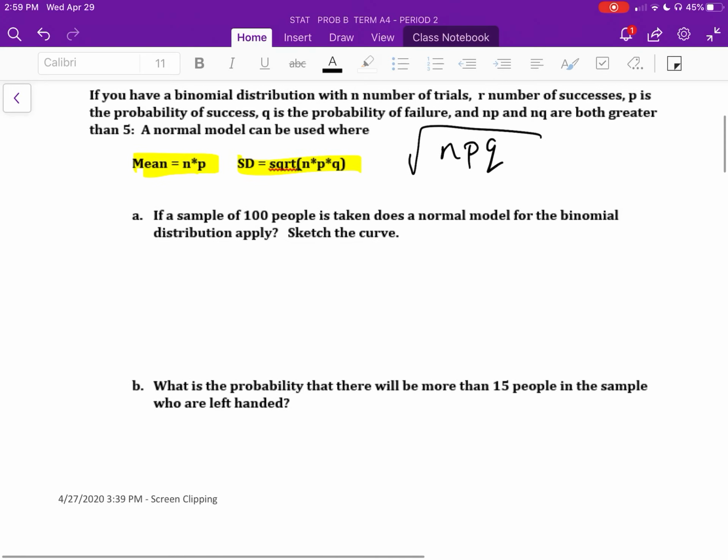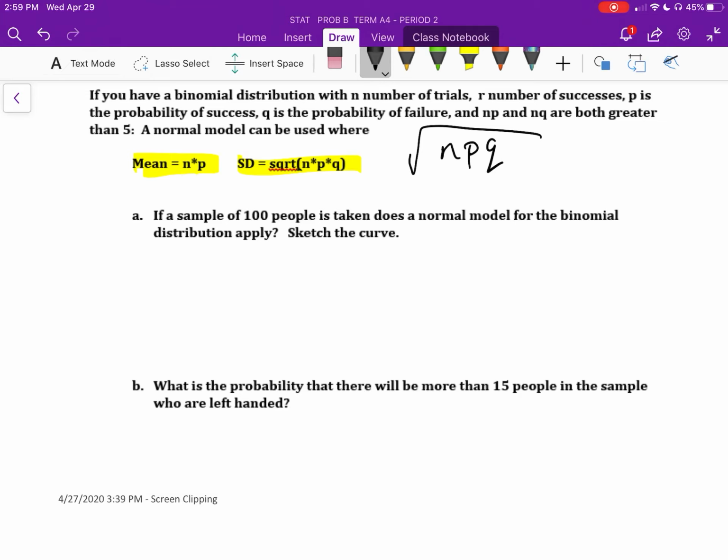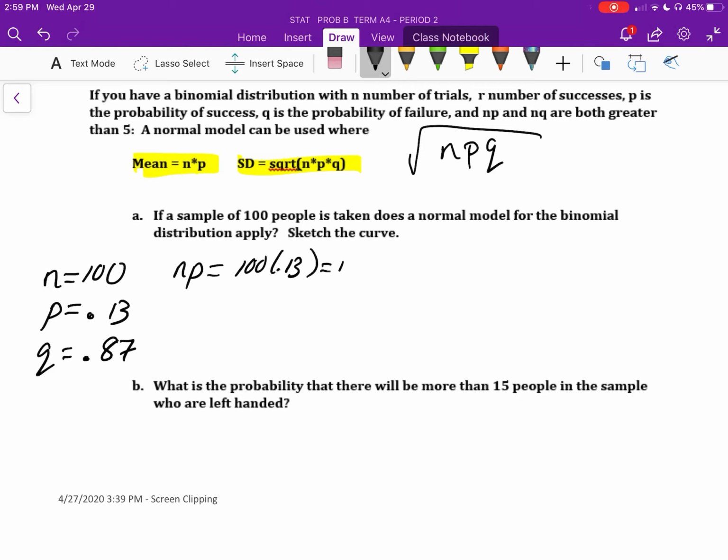So in a sample of 100 people, does a normal model for the binomial distribution apply? And we're going to sketch the curve. So we're going to check a couple things here. So first of all, we know n is 100. We know P is 0.13. And we know Q is 0.87. So we want to check n times P. So that's going to be 100 times 0.13, which is 13.